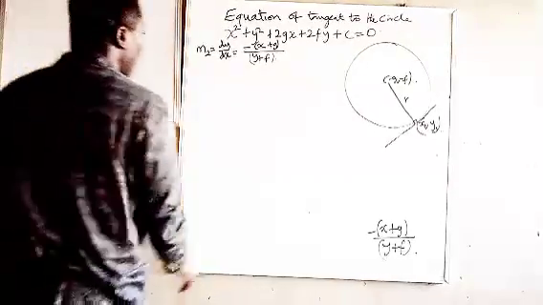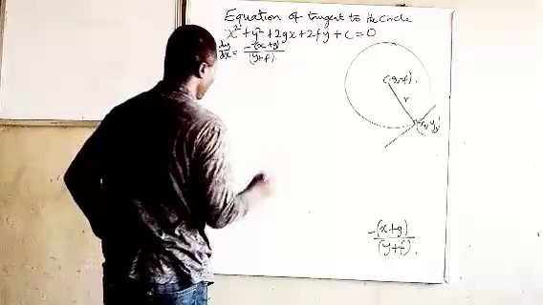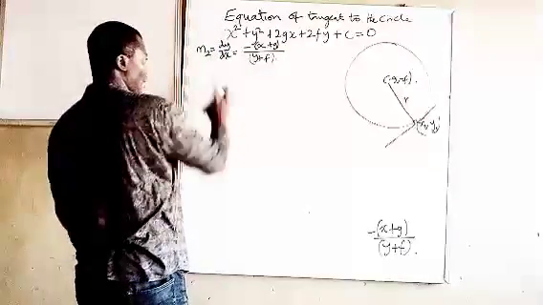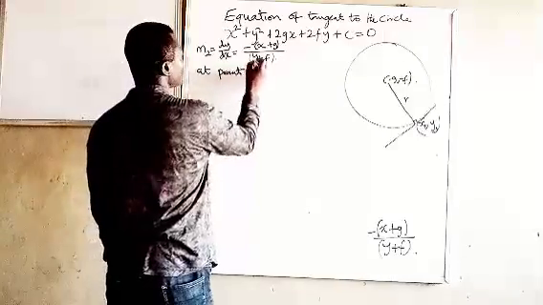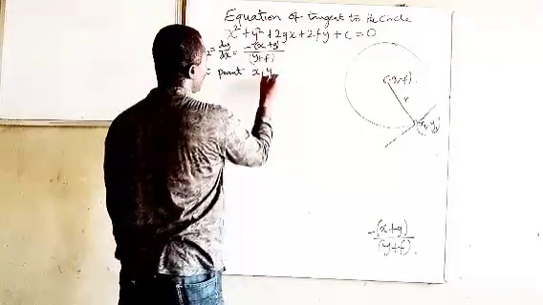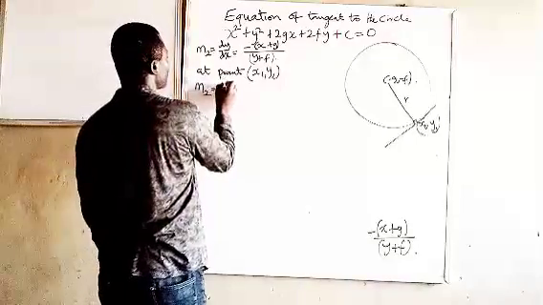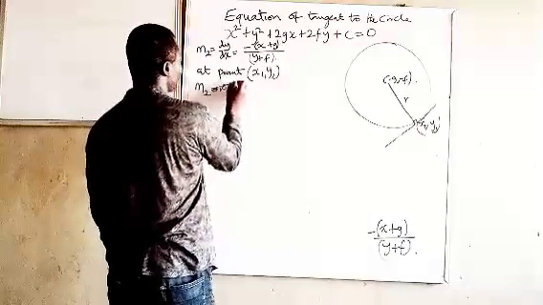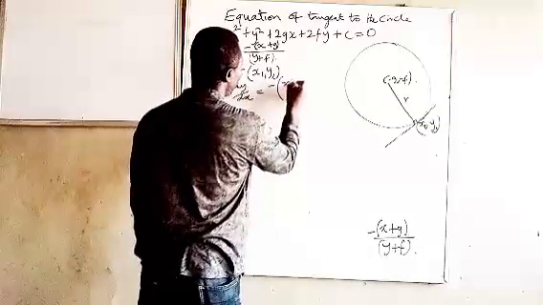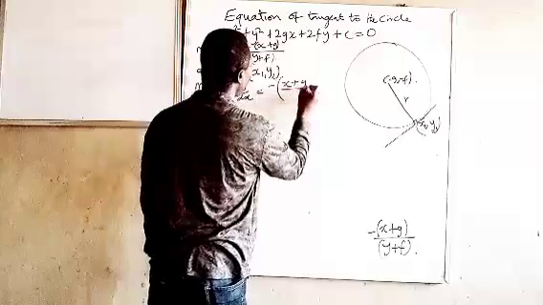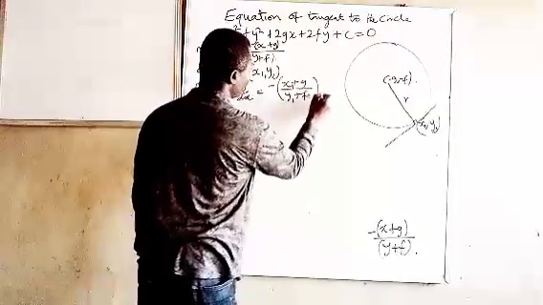Now our gradient is minus (x plus g) over (y plus f) generally, but at the point (x1, y1), dy/dx will be equal to minus (x1 plus g) over (y1 plus f).